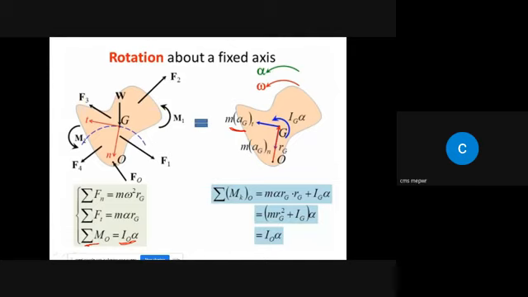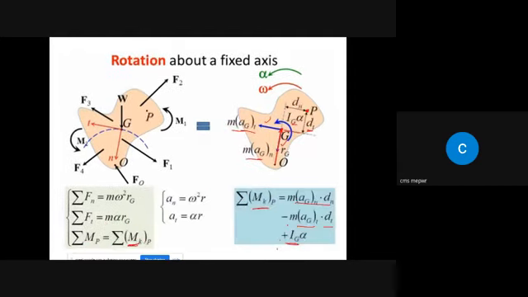So MAGT is basically equal to m alpha RG, and that RG. You can see it from here that at is equal to alpha r.